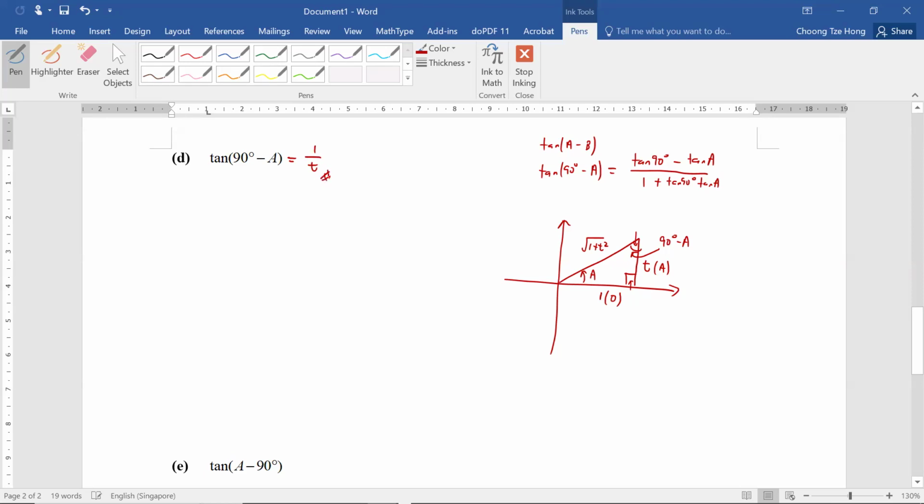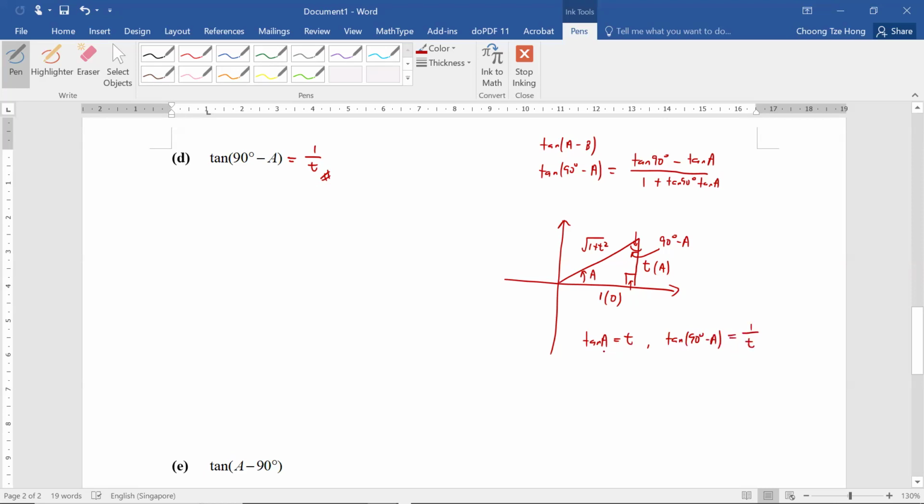So the answer you can simply get by doing this. Let's observe. Tangent A, as given in the question, is t. Then tangent 90 degree minus A, we found out, is equal to 1 over t.